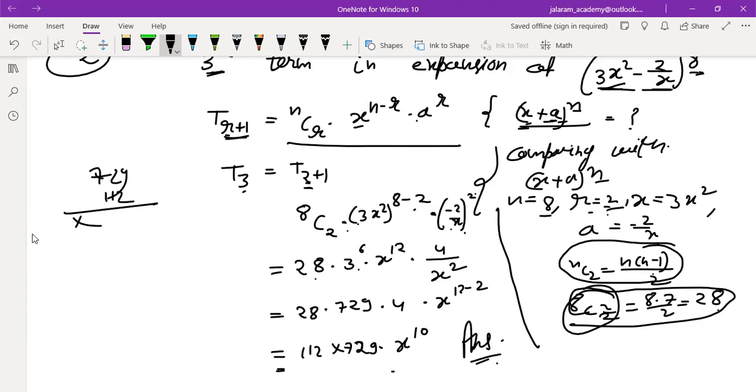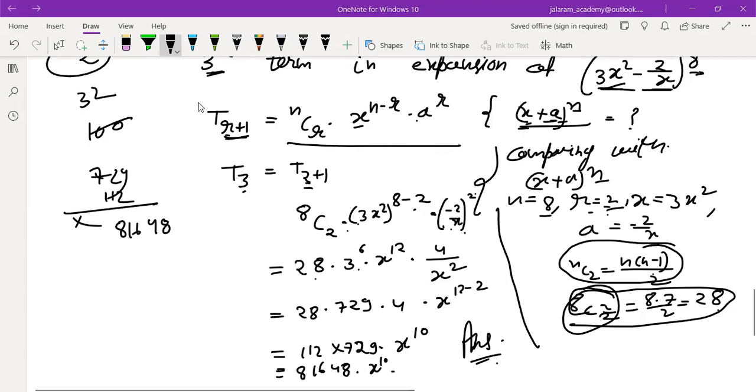Is that clear to everyone? 112 times 9 is 1008, 224, 784, so the answer is 81648 into x to the power 10. Okay. Understood everyone?